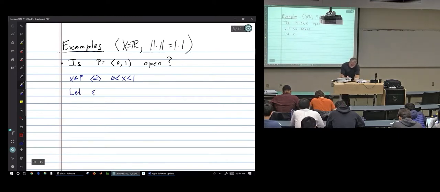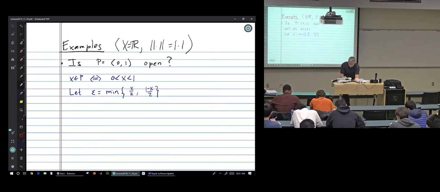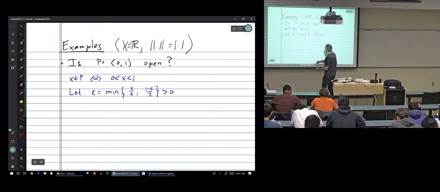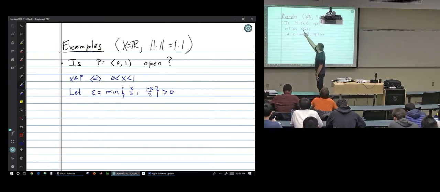So if I let epsilon be the minimum of x over 2 and (1 minus x) over 2, okay, that'll be a positive number because x is strictly bigger than 0 and strictly less than 1.